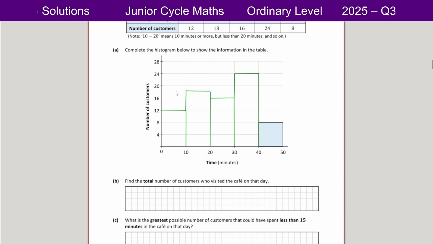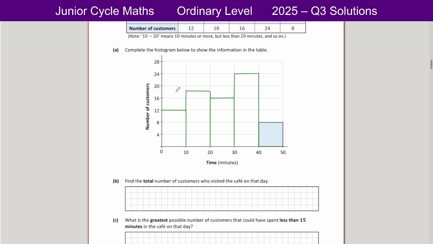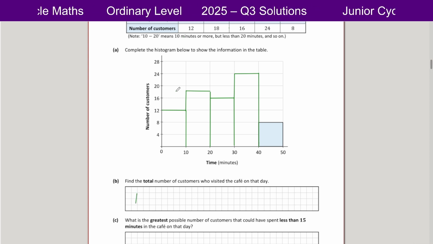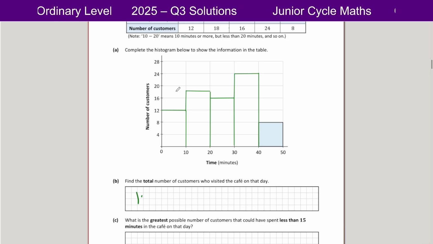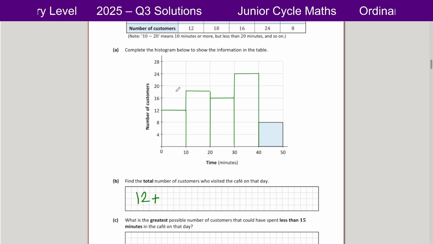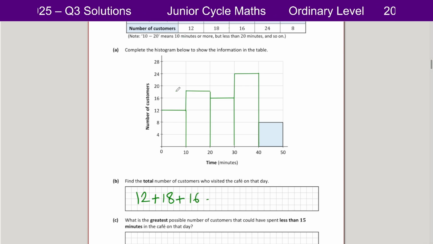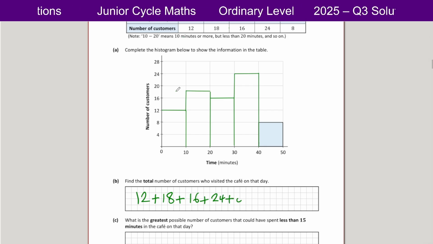So we need to add the values now. We say 12 plus 18 plus 16, and then 24 here plus 8.